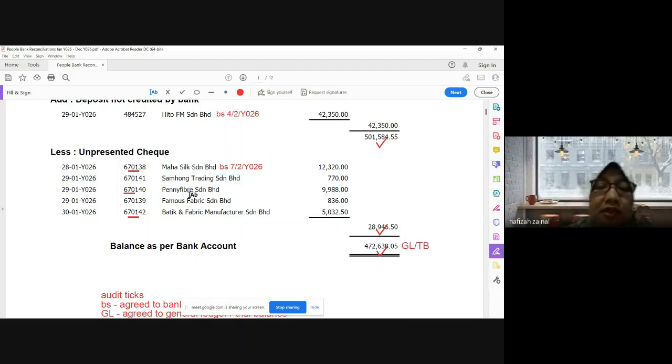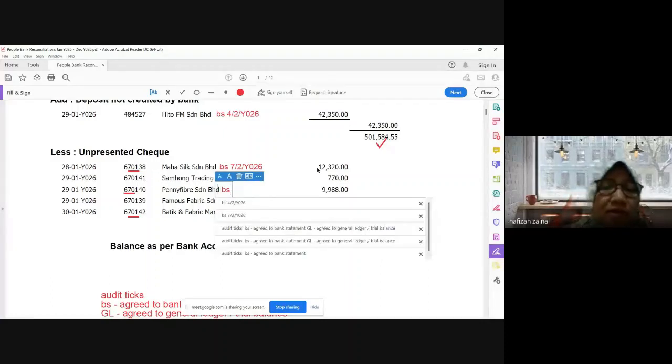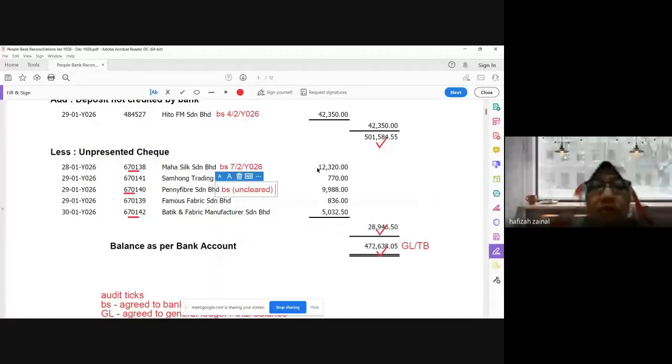And then the second one, Penny Fiber, 9988. You trace to the bank statement, but it is still not cleared. Until now it is still unclear.